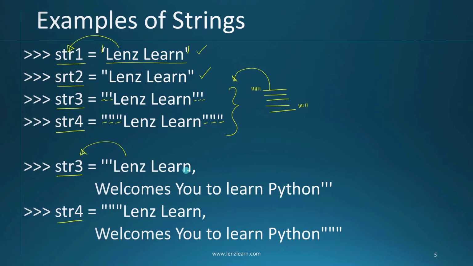So here you can see lens learn, comma, welcome you to learn Python will be stored in the variable called str3. And for the next variable, str4, again the same content, lens learn, welcome you to learn Python, will be stored. If you want to check the value of str3 and str4, you can use the print statement, right? You can just use print str3. It will print these entire 2 lines. So now we go to the next slide.